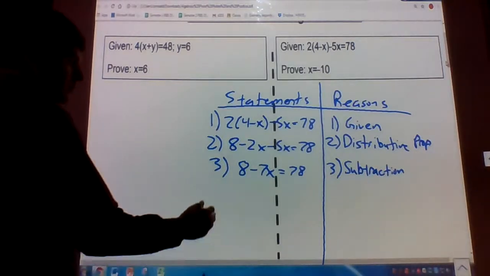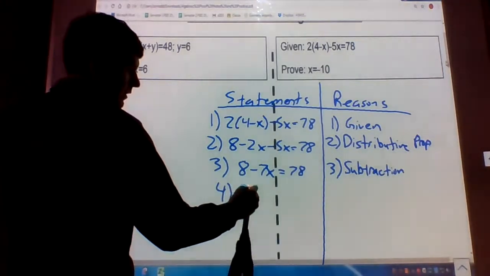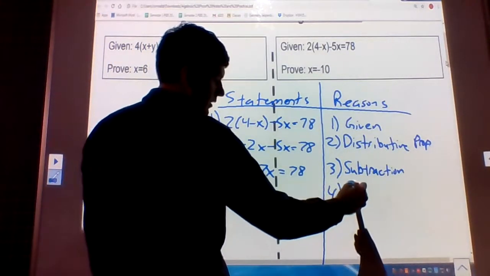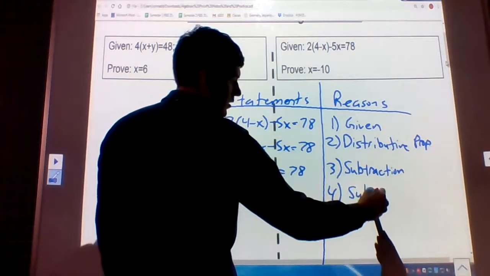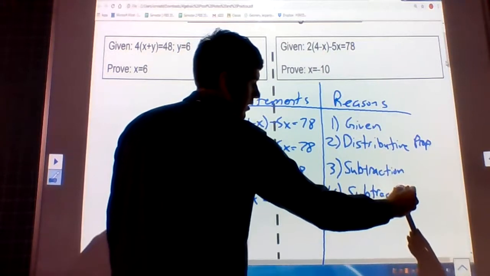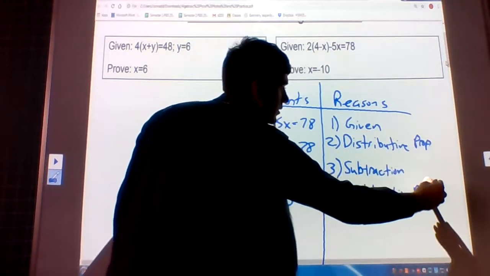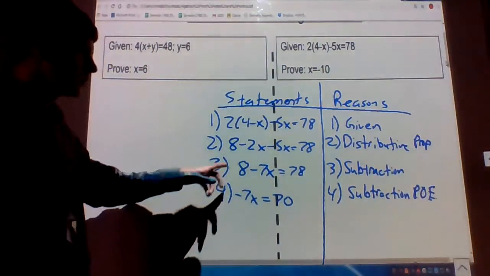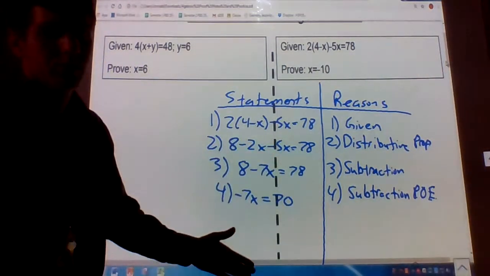Okay, then we need to subtract 8 from both sides. So we're going to get negative 7x equals 70. And that is subtraction property of equality. So note the difference here. This one we're just subtracting on the same side, so we just call it subtraction.